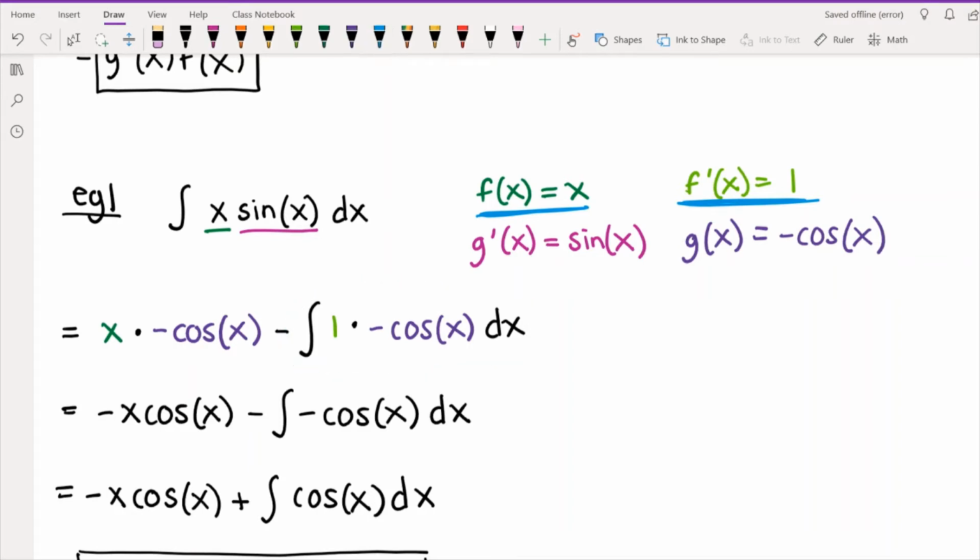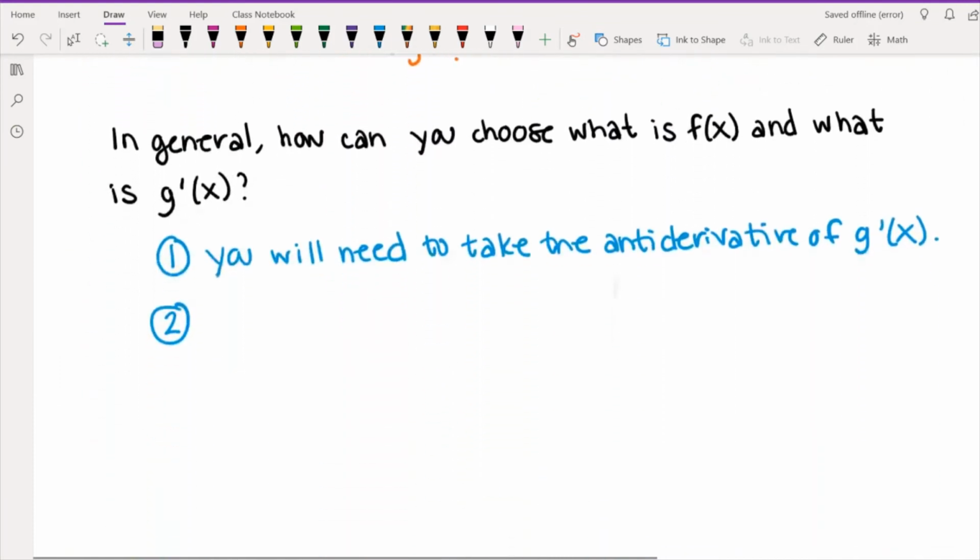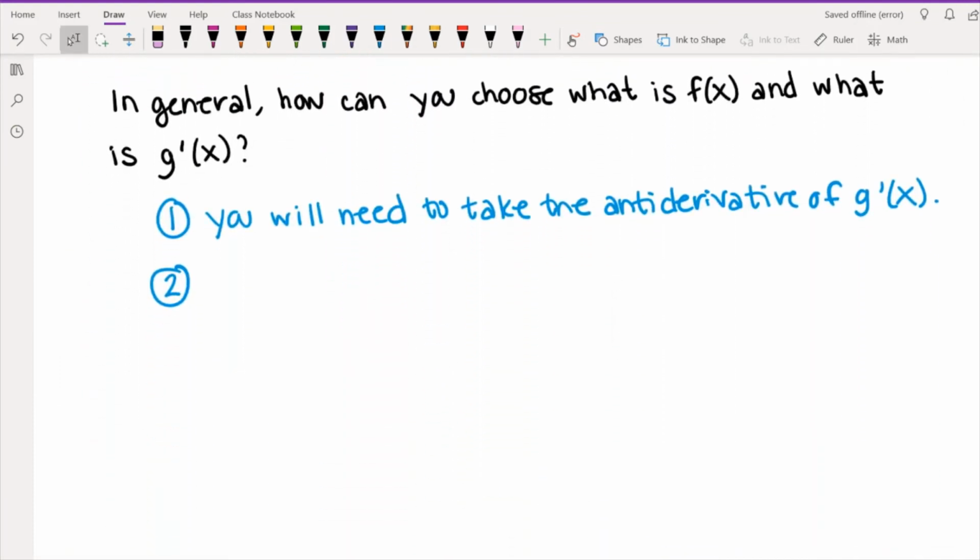So in general, if one of your functions becomes a lot simpler, or even just a little bit simpler after taking the derivative, that's usually a good choice for f of x. Because you're taking the derivative of f of x, it's ideal to choose something that becomes simpler.